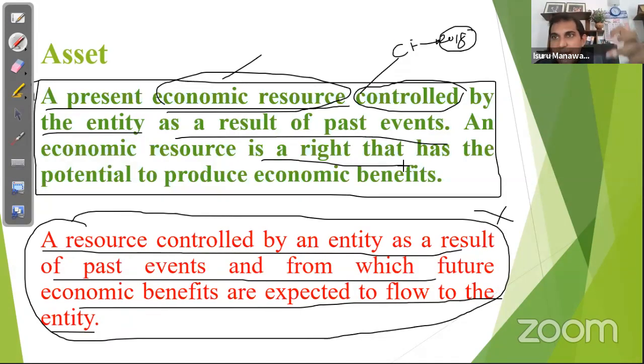So we are receiving the motor vehicle, but we don't have legal ownership. Even though we are using the motor vehicle, we don't have legal ownership. Through that particular agreement, we are receiving the right to use the asset.